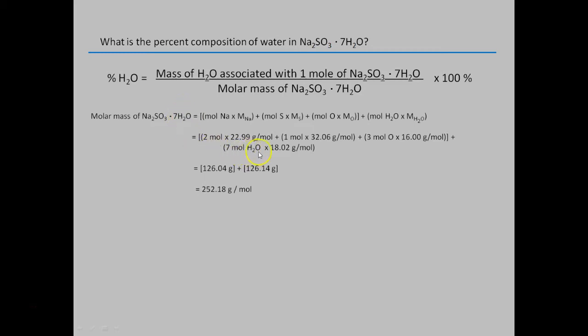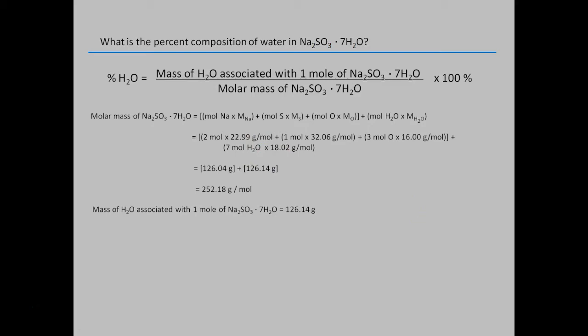We have 7 moles of water, and water has a molar mass of 18.02 grams per mole. So it would be the molar mass of this compound plus 7 times the molar mass of water, and that's how we get this molar mass. Okay? And then we can get our molar mass of water. I just wrote it down here because we did the calculation right there.